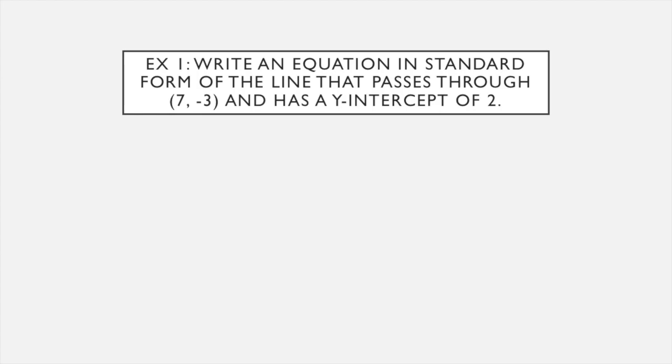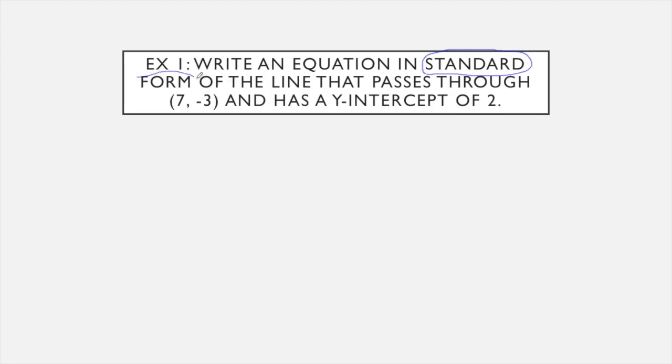So our first example asks us to write an equation. Now you're going to see lots of problems on your test that ask you to write an equation, but you will need to pay close attention to what type of form you are asked to write it in.